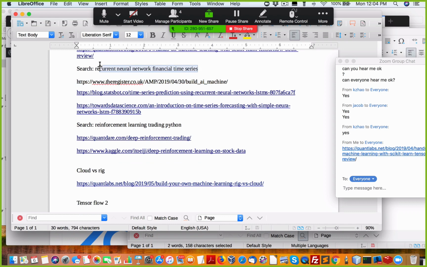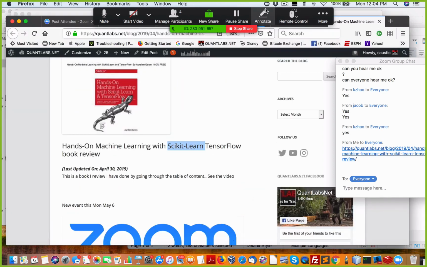So I did a search here on recurrent neural network financial time series, and these are the three leading articles that I came up with. Some of them are really good. Just so you know, it seems that Python's the place to be to learn about all this stuff.